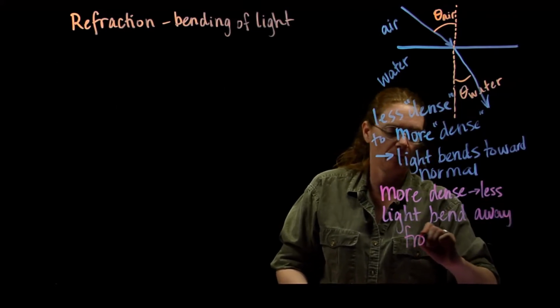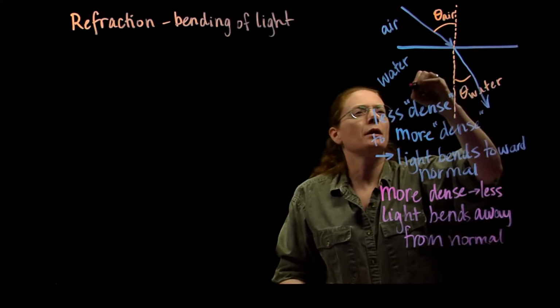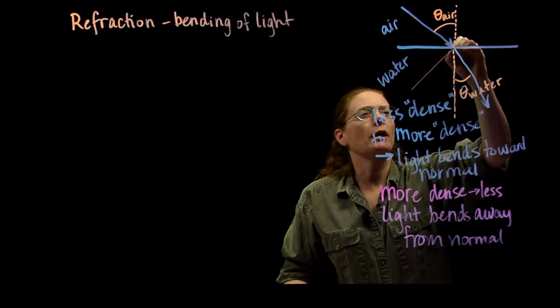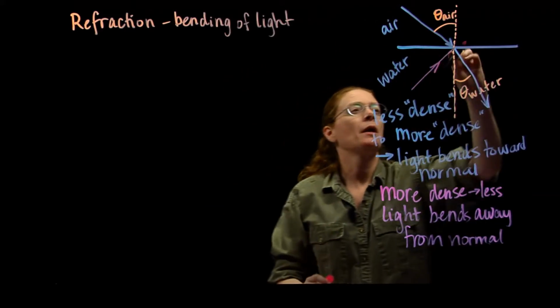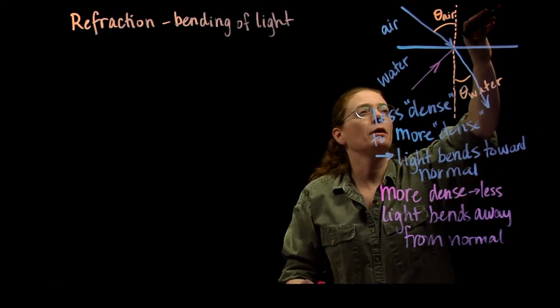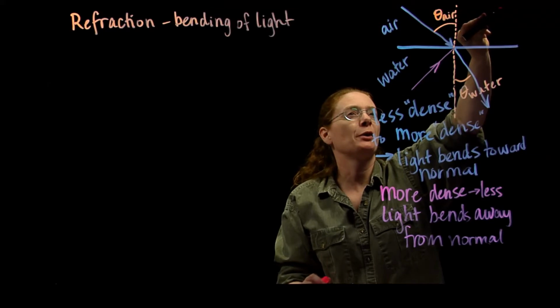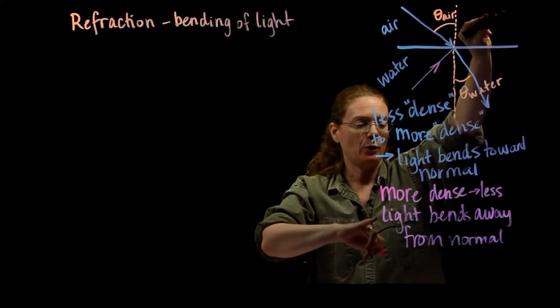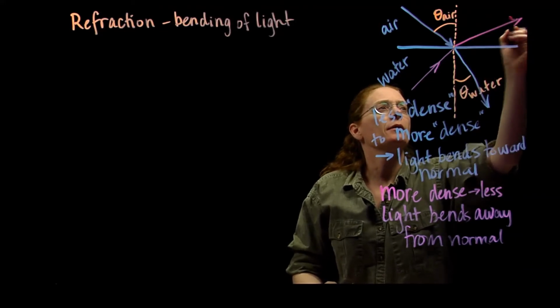So here, if we have a light ray in water, coming up from the water and trying to leave into the air, it would normally, if there was no transition, keep going here, but we're going into something less dense, which means we bend away from the normal. So it's going to come out something like that.